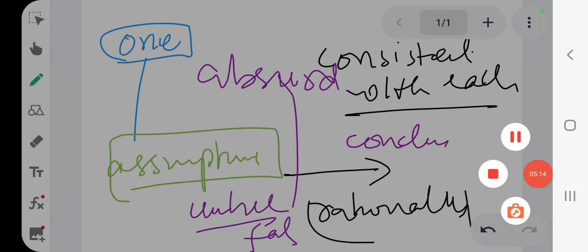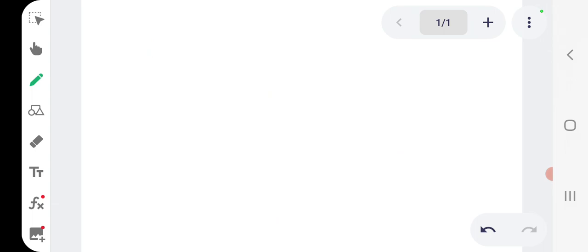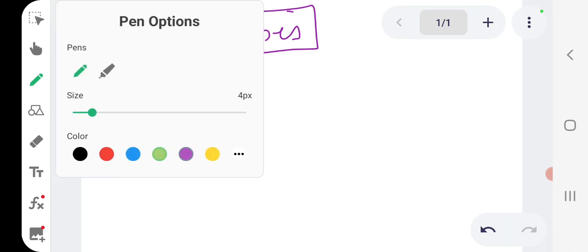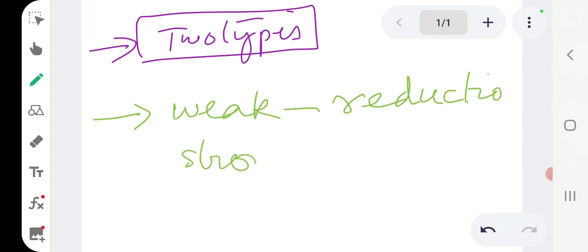reductio ad absurdum. Now, reductio ad absurdum, as was obvious in this definition, is of at least two types. One, let's say, weak reductio, and the other is strong reductio.